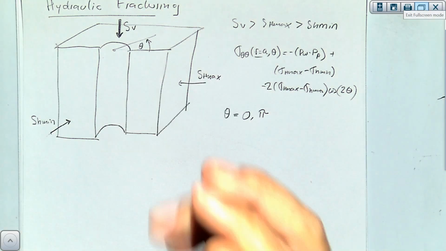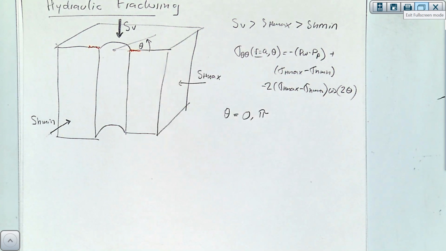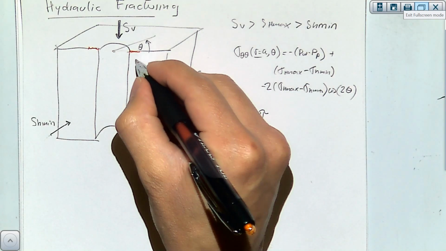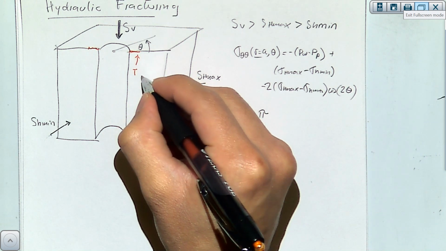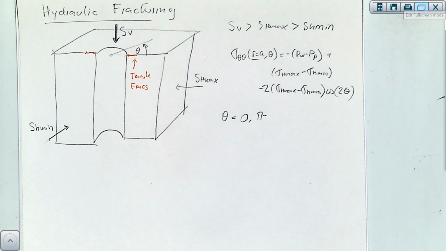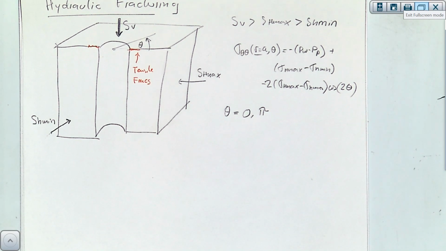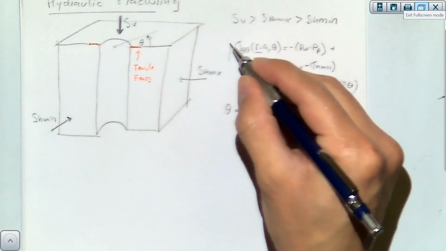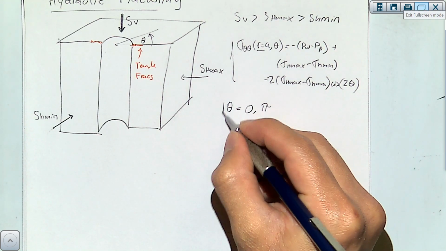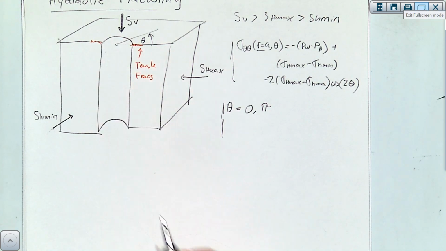So somewhere over here, I'm going to have tensile fractures if I increase the pressure enough in the wellbore. And that's because of the orientation of the stresses. All right, so I'm going to use the previous equation, which is this one, with these two conditions, either 0 or 180 degrees, which will be over here.